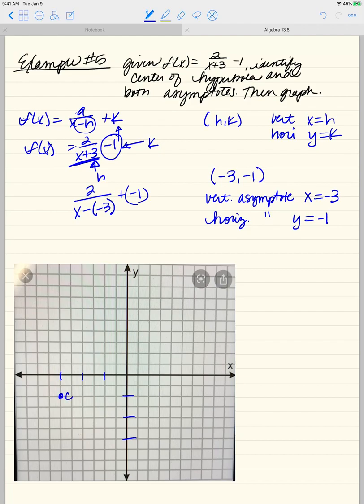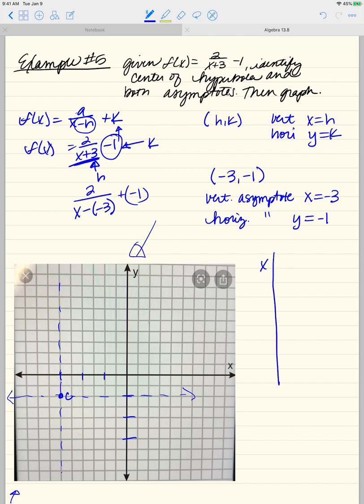So here is our center, okay, and our asymptotes pass through this point. So we want x values that are going to help us to put the hyperbola in this quadrant and this one, on both sides of the center, okay?